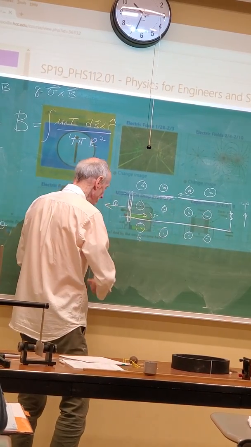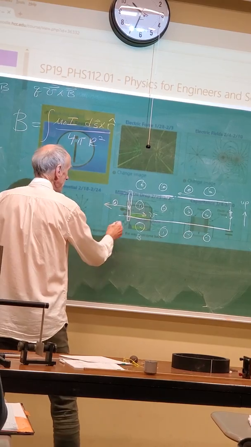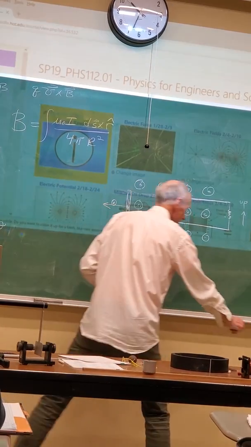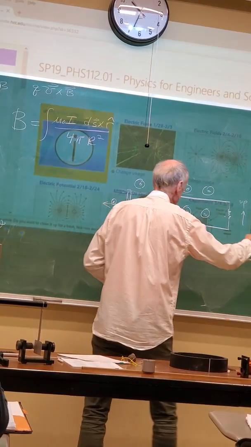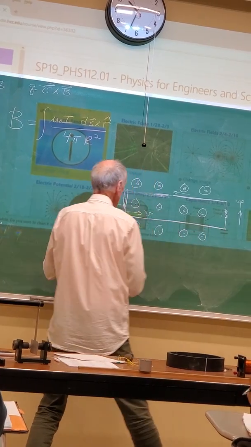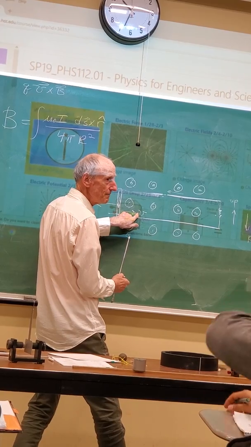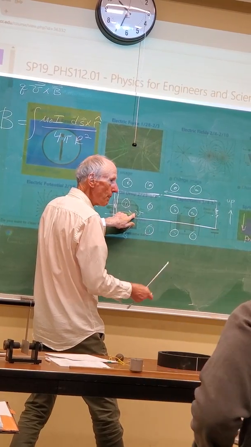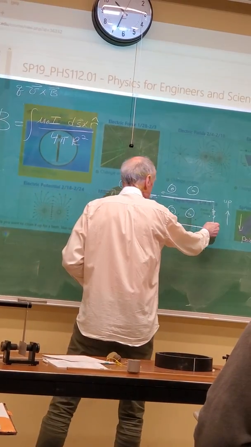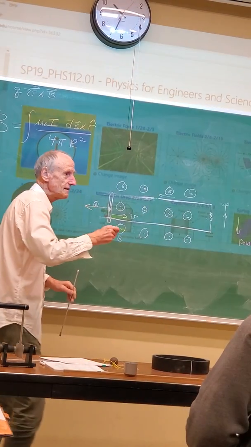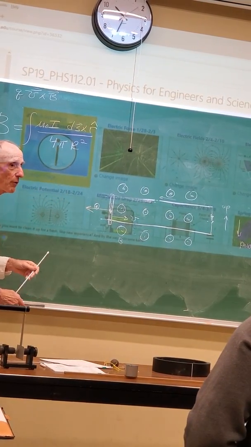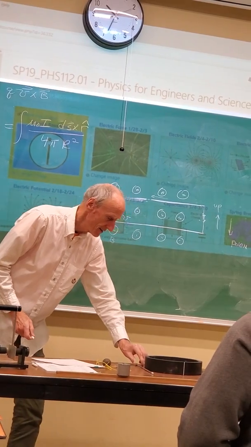And there'll be a problem toward the latter part of the assignment. As I slide it at a velocity v, how much current do I get and how much power do I get? So watch this.